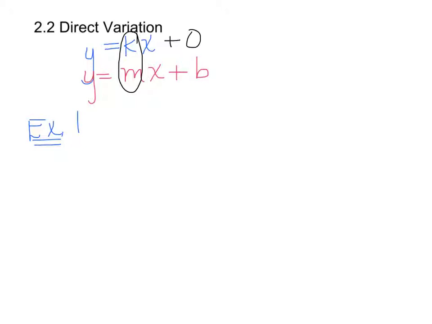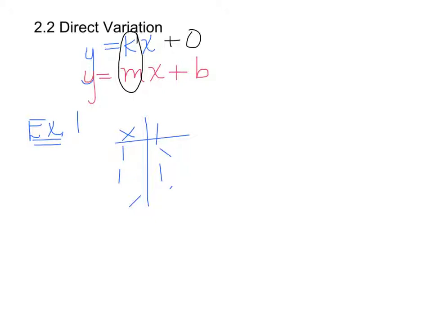So we have this table of values: 1, 3, 4, 2, 6, and 8. And we have to find out if this represents a direct variation.